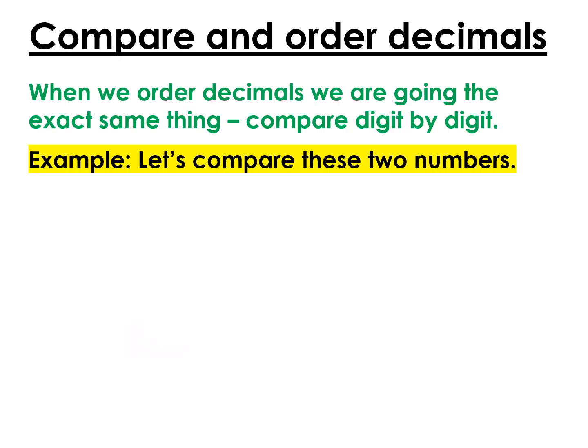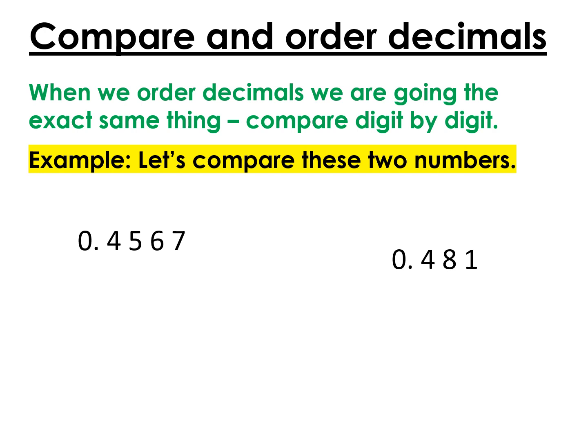So Aisha would come first and Azara would come second. Now we're going to have a look at how this links with comparing and ordering decimals, because we use the exact same method. Instead of looking at letters, we compare digit by digit. So we've got these two decimal numbers here. We've got 0.4567 and we've got 0.481.